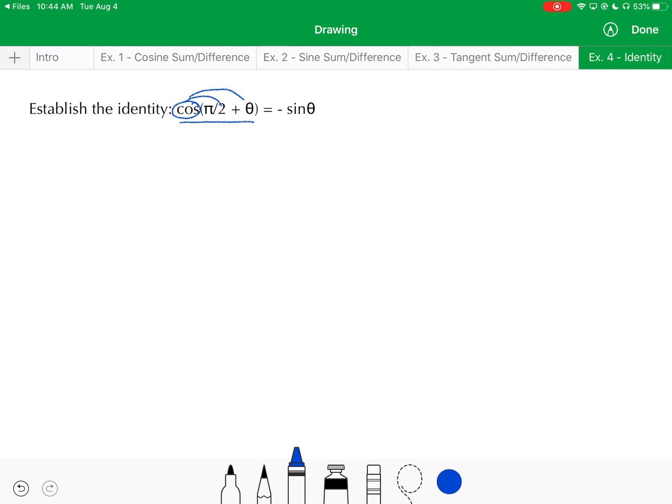Instead, what we have to recognize is that you can apply a sum formula for cosine here. So cosine of pi over 2 plus theta is equivalent to cosine of pi over 2 times the cosine of theta, subtracted by the sine of pi over 2 times the sine of theta.